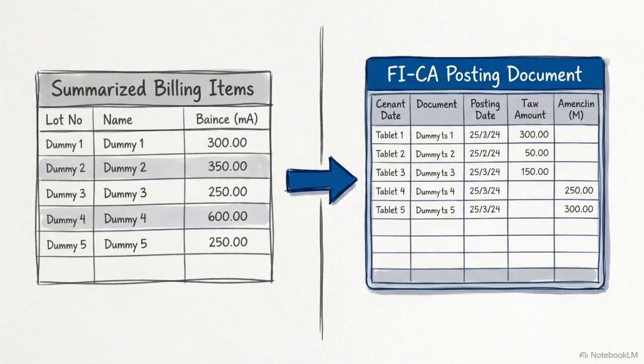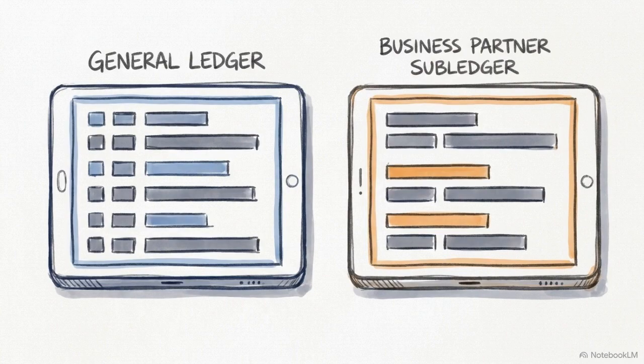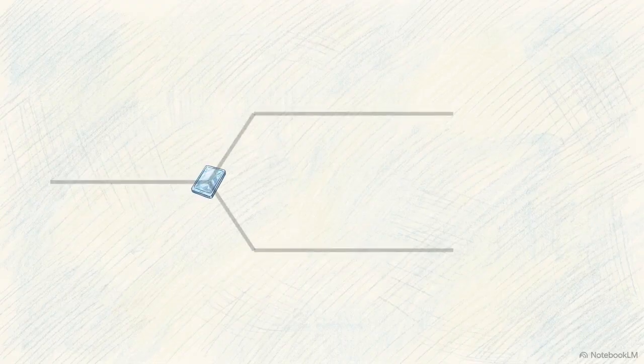Invoicing aggregation performs the transition from billing data to financial records, translating summarized items into actual FICA posting documents. Because FICA operates as a specialized subledger, this translation requires a dual ledger posting, one entry for the general ledger and another for the business partner subledger. The first half of this financial translation is governed by posting area 2610.